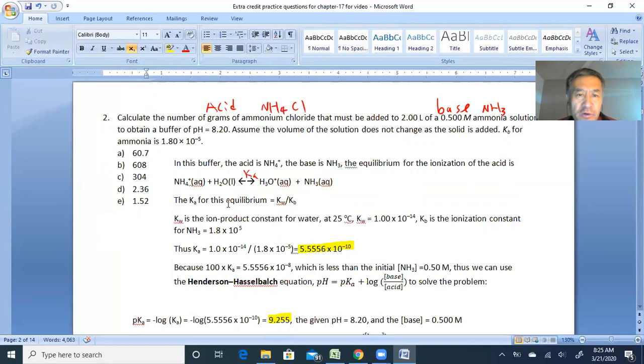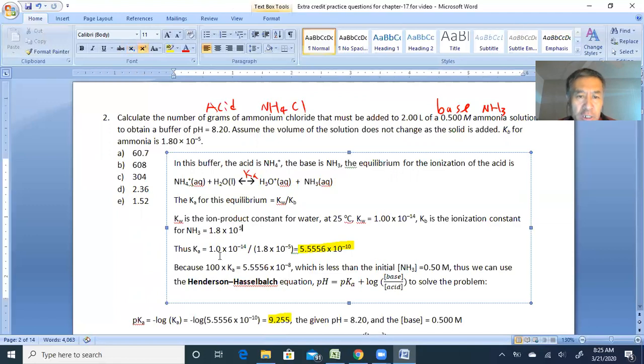The Ka for the equilibrium should be Kw divided by Kb. Kw is the ion product constant for water at 25 degrees Celsius. We know Kw equals 1.00 times 10 to the negative 14. Kb is the ionization constant for NH3 equals 1.8 times 10 to the negative 5.